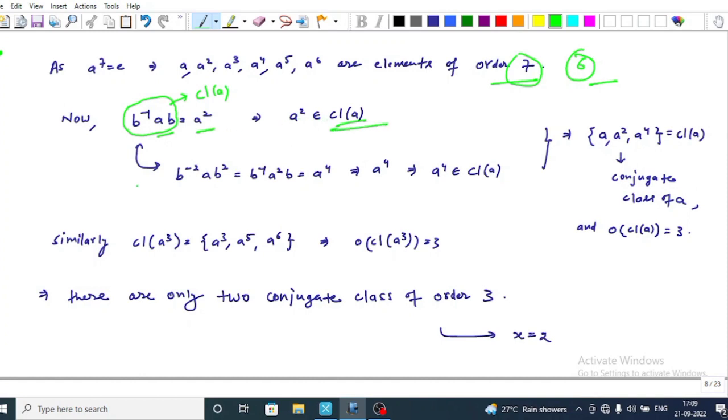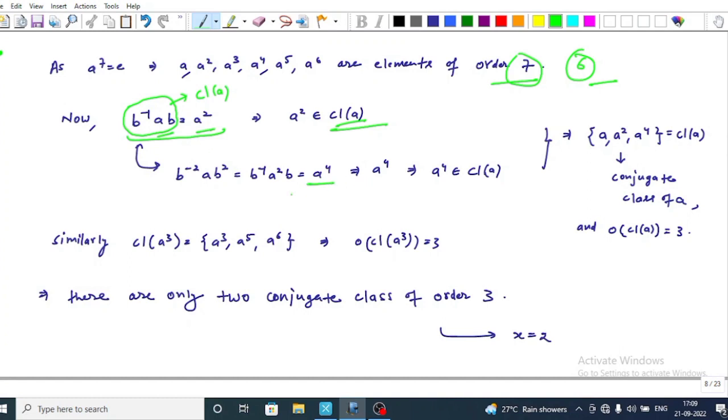Now in this relation, if we pre-multiply with B inverse and post-multiply with B, this equals B power minus 2 A B power 2, which equals B power minus 1 A power 2 B, which equals A power 4.